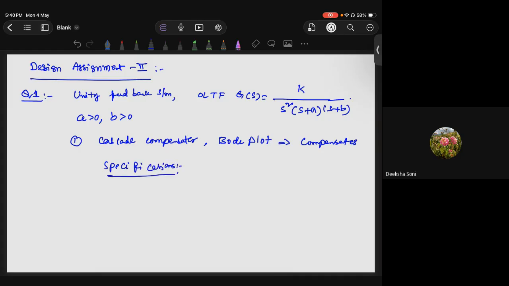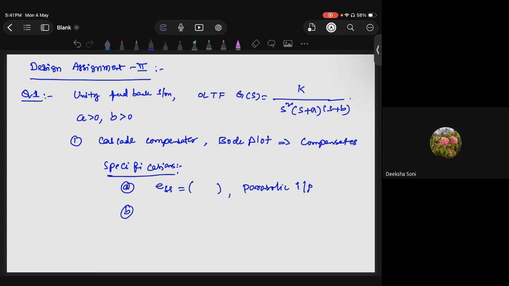Okay, what are the specifications? So the first specification is the steady state error, a specific value for the parabolic input. The value is different for each student.